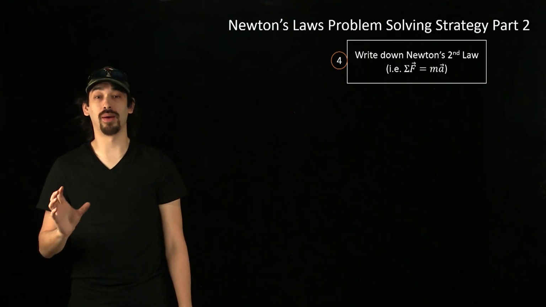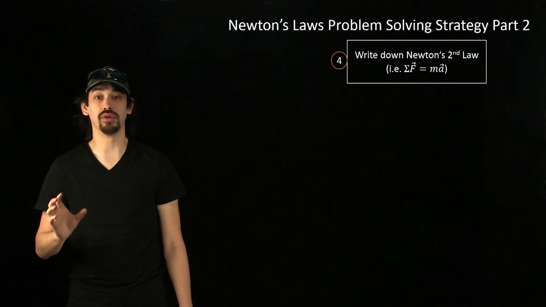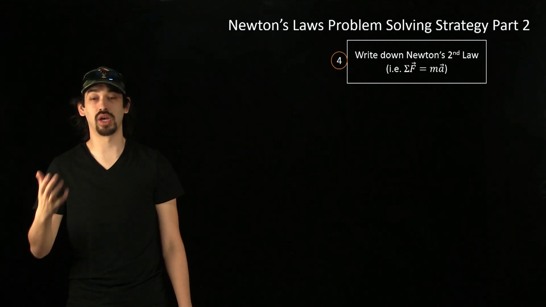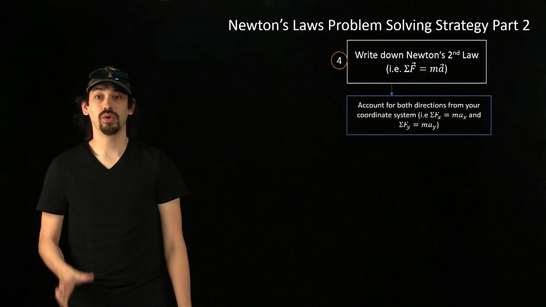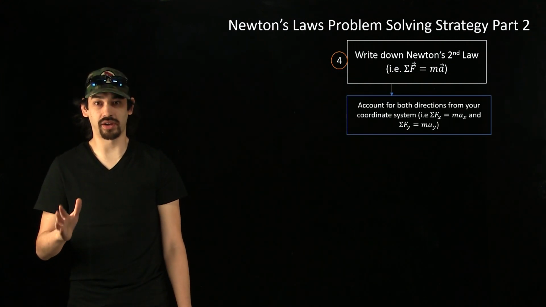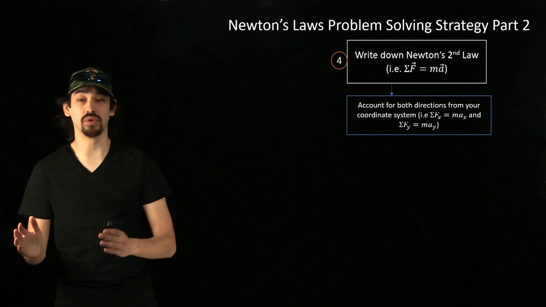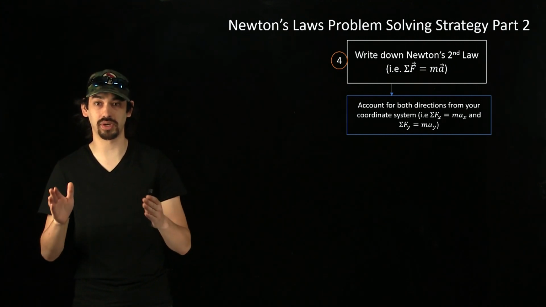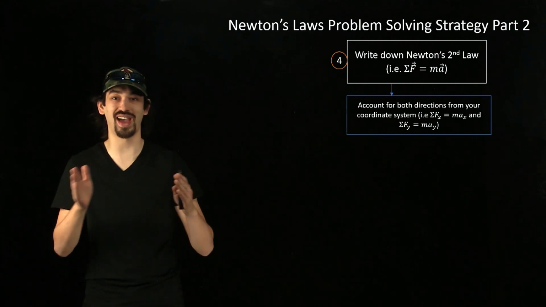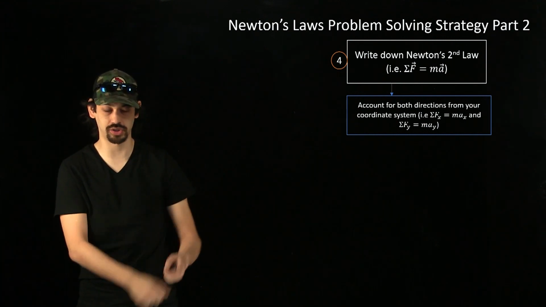Step 4 of our problem-solving strategy is to write down Newton's second law. That is, the sum of the vector forces is equal to the mass times the vector acceleration. When you write Newton's second law this way, you also want to break it into its x and y components, which was the reason we drew the coordinate system, because we want to sum the forces in both the x direction and the y direction.